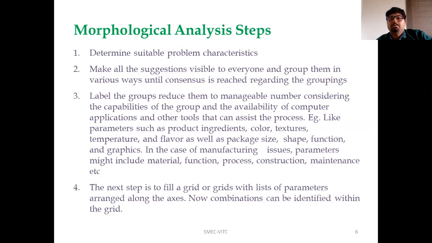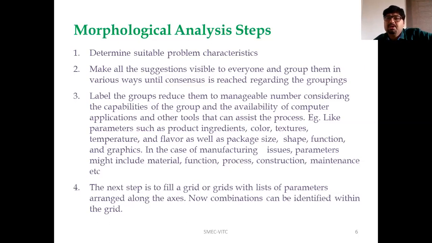For example, for product ingredients: color, texture, temperature, and flavor, and for packaging: size, shape, function, and graphics. In the case of the manufacturing industry, parameters could include material, function, process, construction, maintenance, etc.